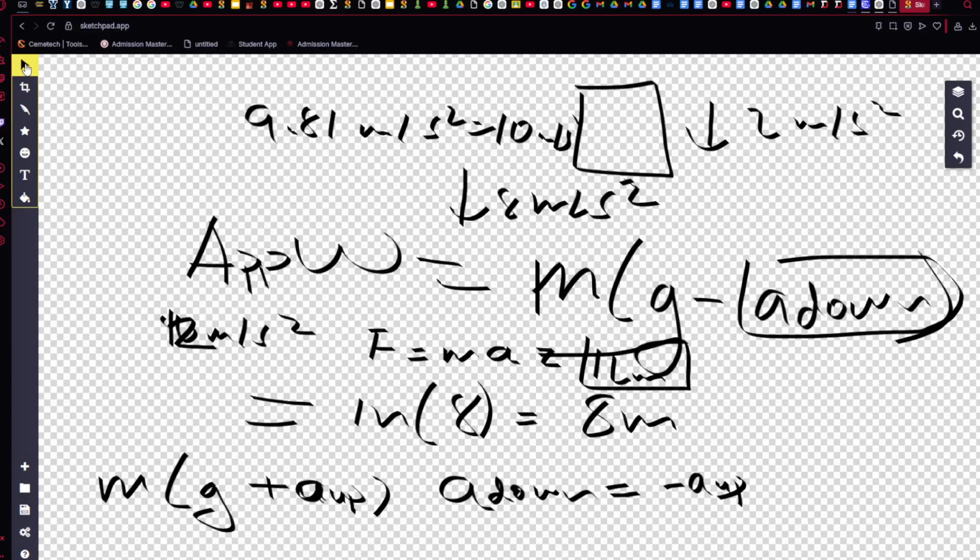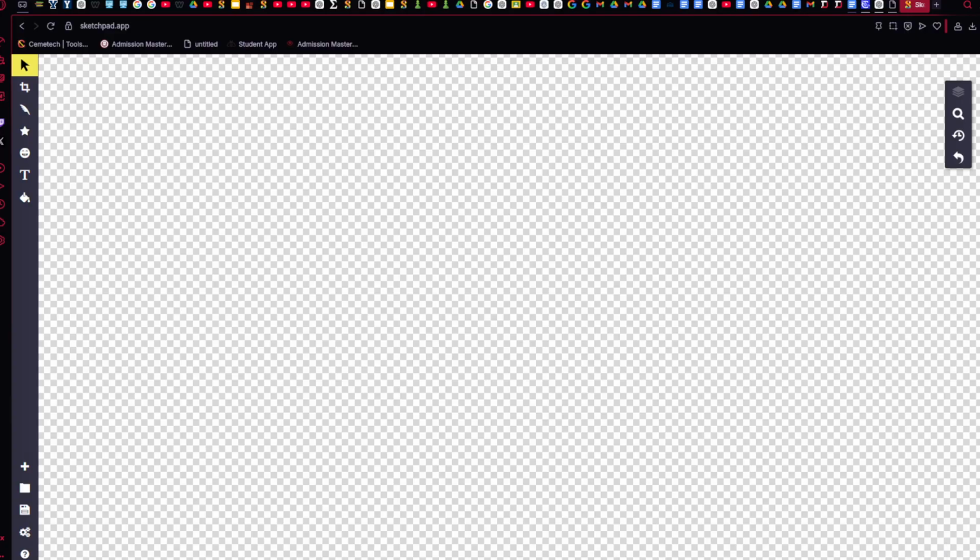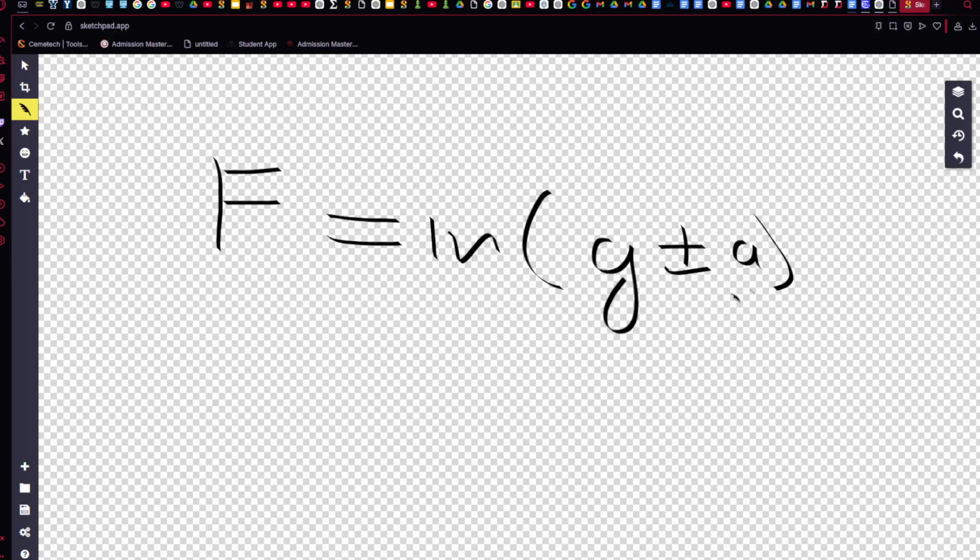And that's all it means. So essentially, your weight relative to a scale on the platform you're standing on. I just gave you the formula. That is probably the most accurate and compact definition. Or you could just do g plus or minus a, and you could figure that out, of course.